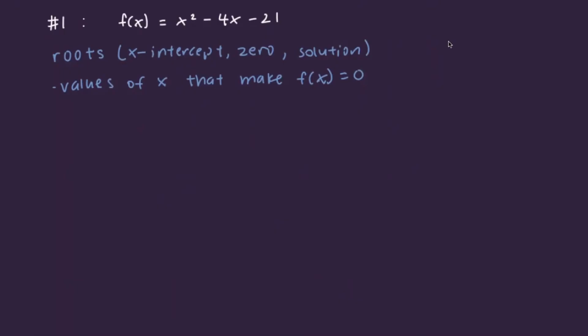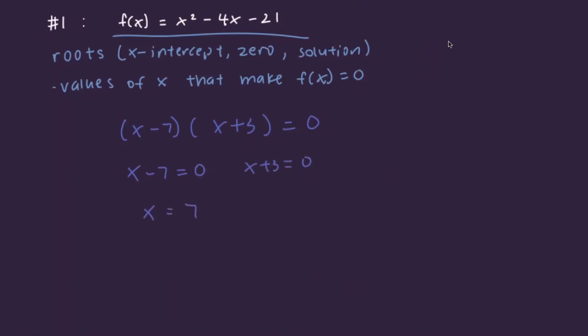To find the roots of our quadratic here, we can use factoring. Once you factor f of x, you would get x minus 7 times x plus 3, set that equal to 0, and you would get x minus 7 equals 0, x plus 3 equals 0, and therefore your x values are 7 and negative 3.